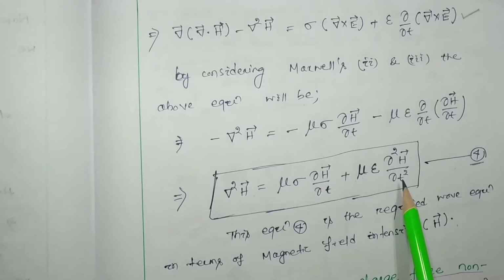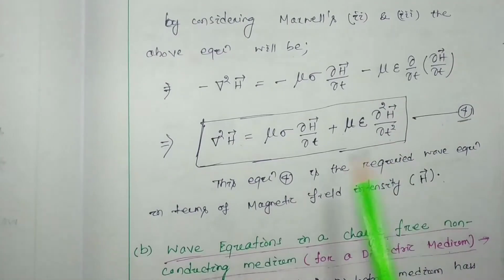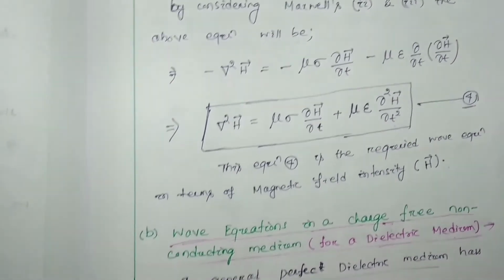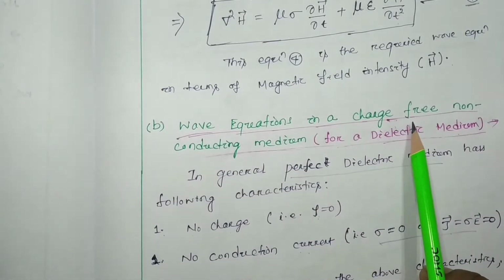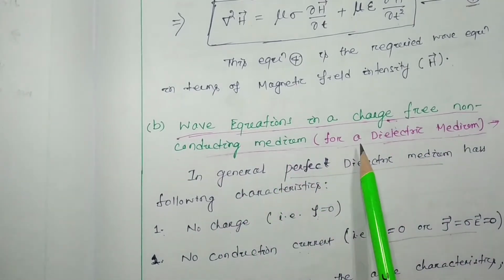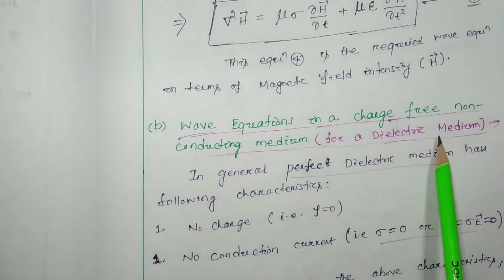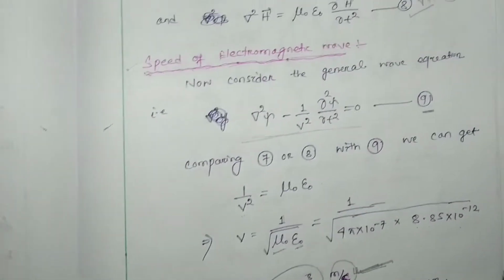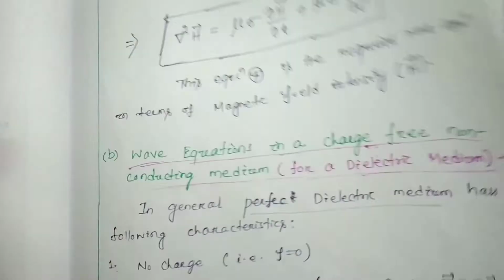Then we found this expression, which is called your wave equation in terms of magnetic field intensity. And if we consider a charge free non conducting medium, or a perfect dielectric medium, then we found the wave equation is in the form of this one.